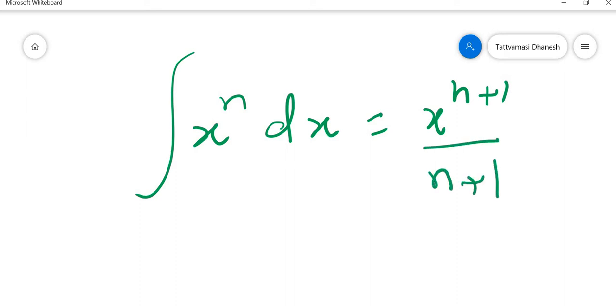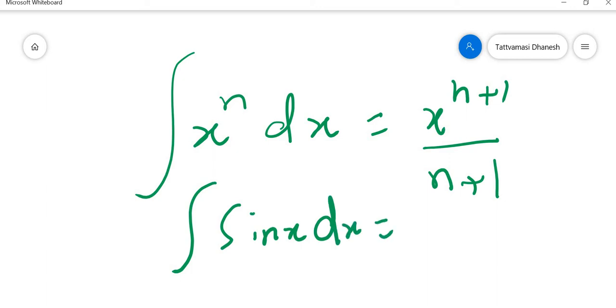The integral of sin x is minus cos x, and the integral of cos x is sin x. All these things we covered in the last video.